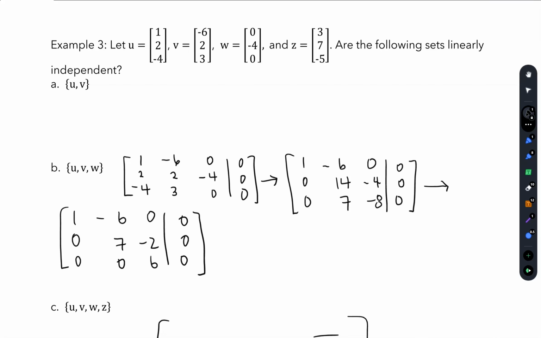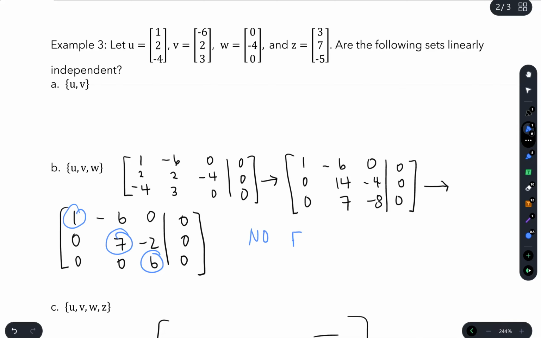Okay, so what does it mean now that we've reduced it down? We can stop here. As long as we get it in echelon form, we can tell what happens. I have no free variables.